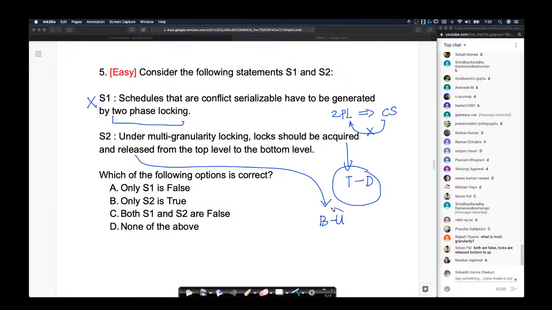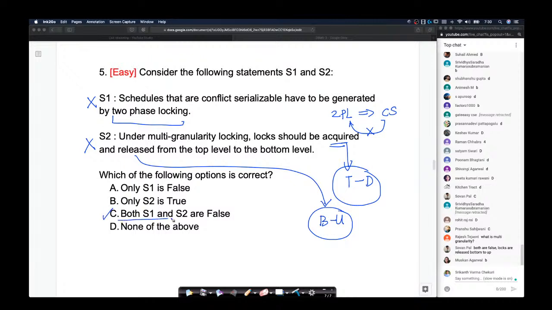Lock release happens bottom up, not top down. That's why I told you, please read the statement carefully. It says in multi-granularity locking, which means you can lock at different granularities, locks should be acquired and released from top level to bottom level. No, they should be acquired top down, but released bottom up. So this statement is also incorrect.